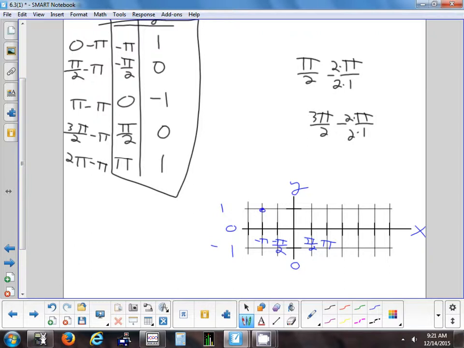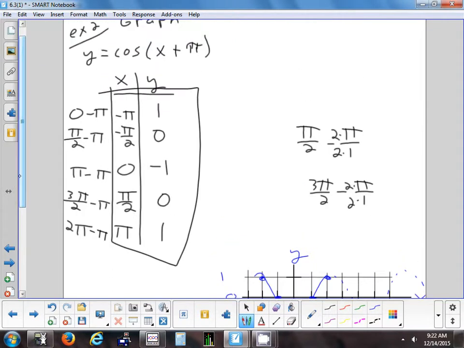We're at 1, 0, negative 1, 0, back to 1. It does kind of look like a V shape, but just remember that it's part of a wave, which would keep going. Any question on that? So there's our graph of cosine.